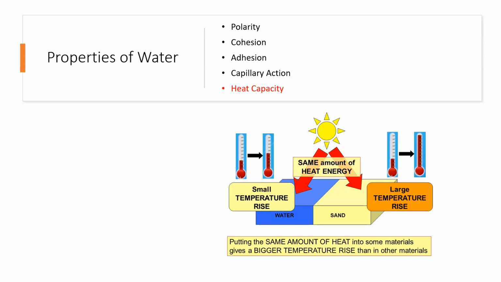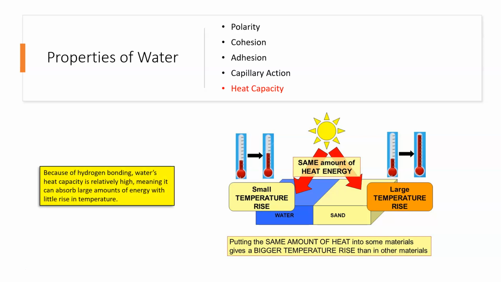In reality, because water has a relatively high heat capacity, it can absorb tons of energy with little rise in temperature. If we took the same amount of solar energy on a beach and we imparted some of that energy to the water and some of that same amount of energy to the sand, if you've been to the beach or if you've been on really hot ground, you would know that there is a huge temperature difference between hot sand and cold sand.